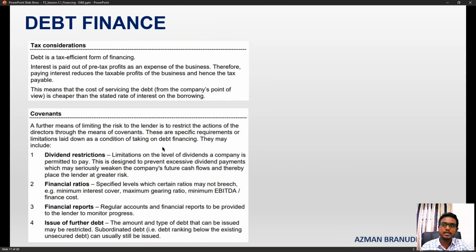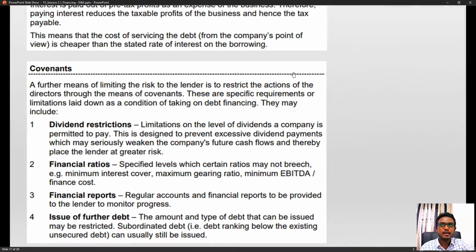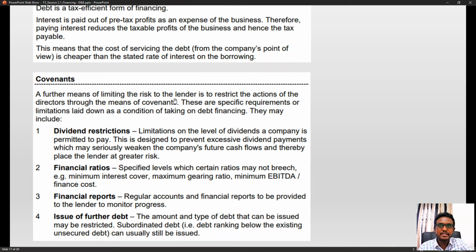That brings me to another key consideration, covenants. A further means of limiting the risk to the lender is to restrict the actions of the directors by means of covenants. These are specific requirements or limitations laid down as a condition of taking on debt financing. So, what are these different elements we would look at? Do you have any dividend restrictions?